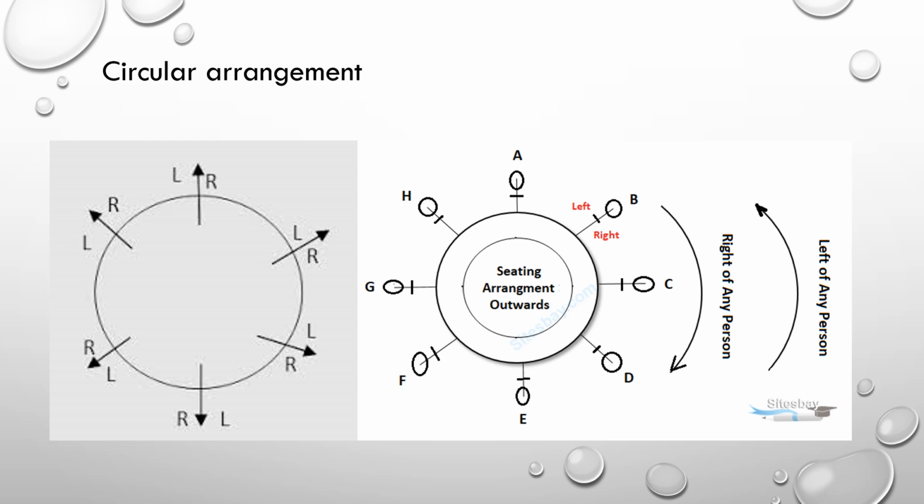Now you can see here, in the outward direction facing circle, the right of the person will be different. If the person is sitting facing the center, the right and left of the person will be different, which you have to remember.